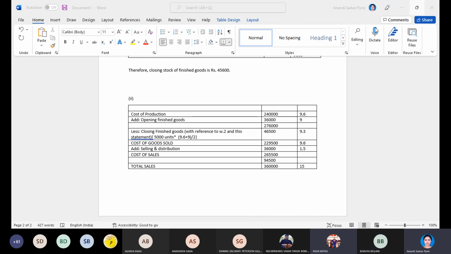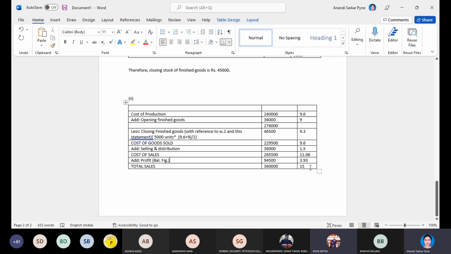So this is 11.06. 11.06 minus 1.5 is 9.56. So this is our answer. This is our profit, the balancing figure.